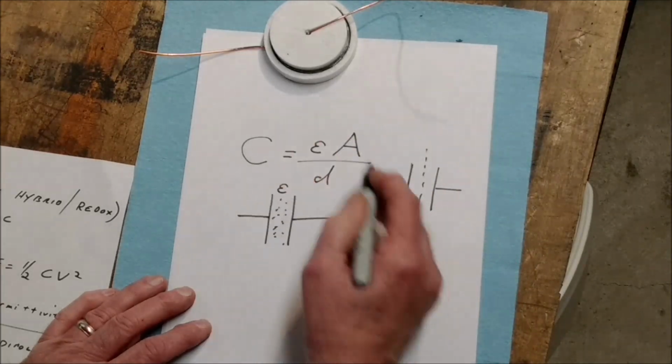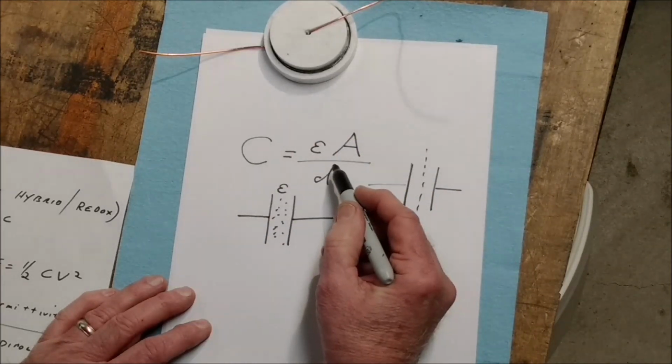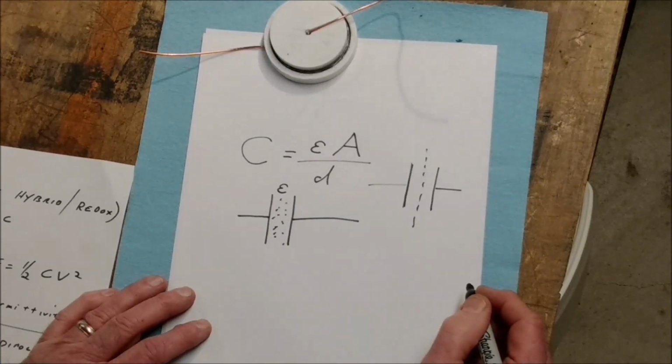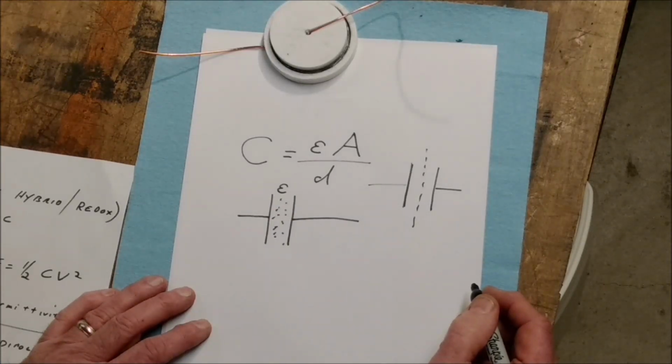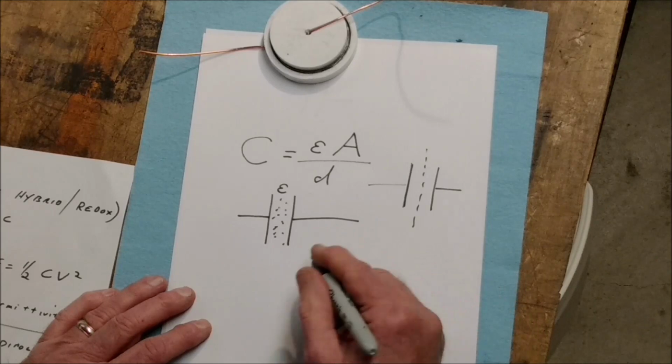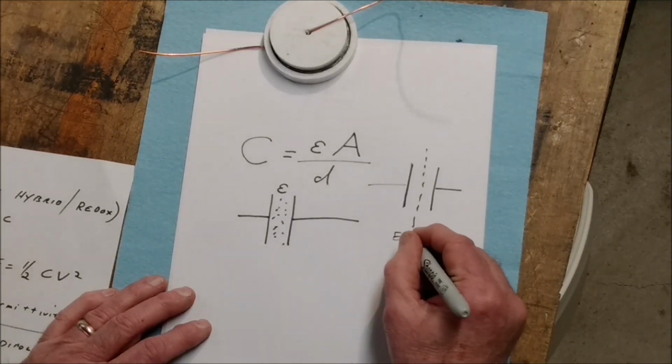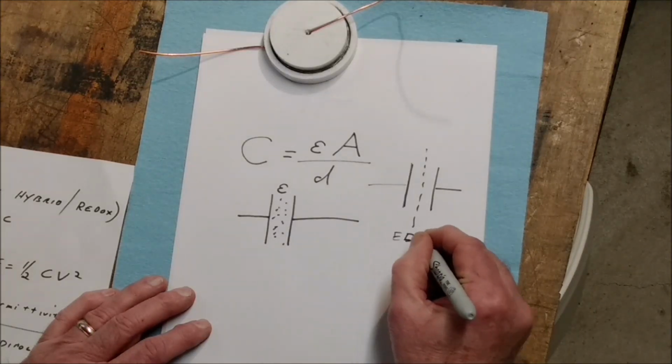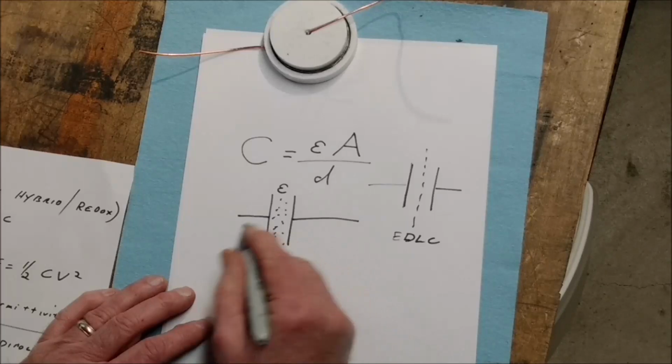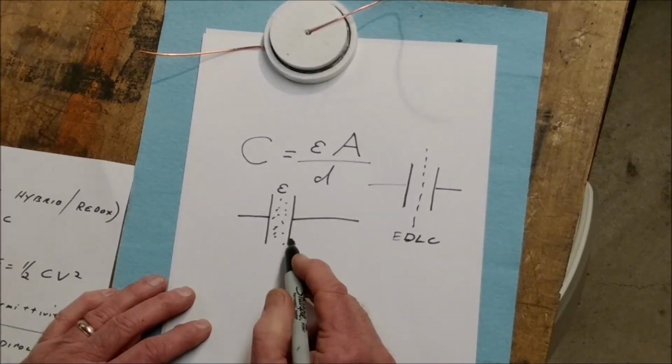In the classic sense, this capacitor equation mainly is describing an electrostatic capacitor. So here we have an electric double layer capacitor, and here we have the classic electrostatic.